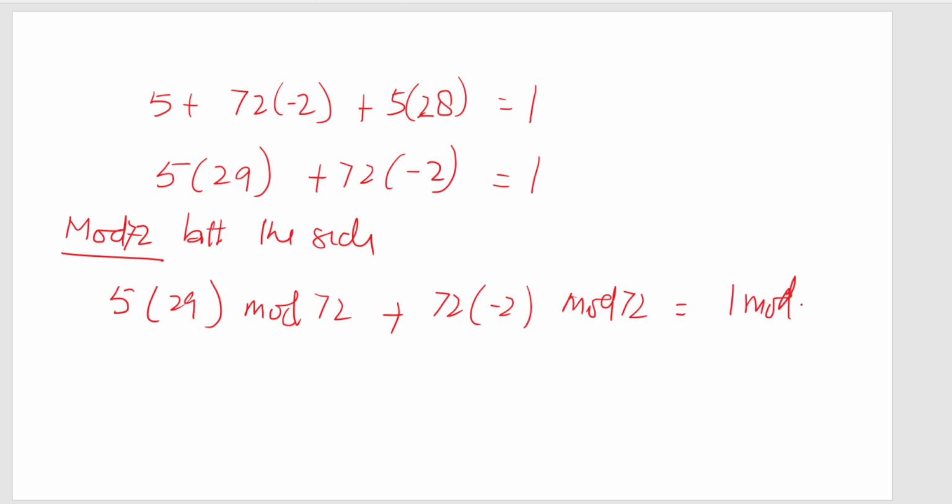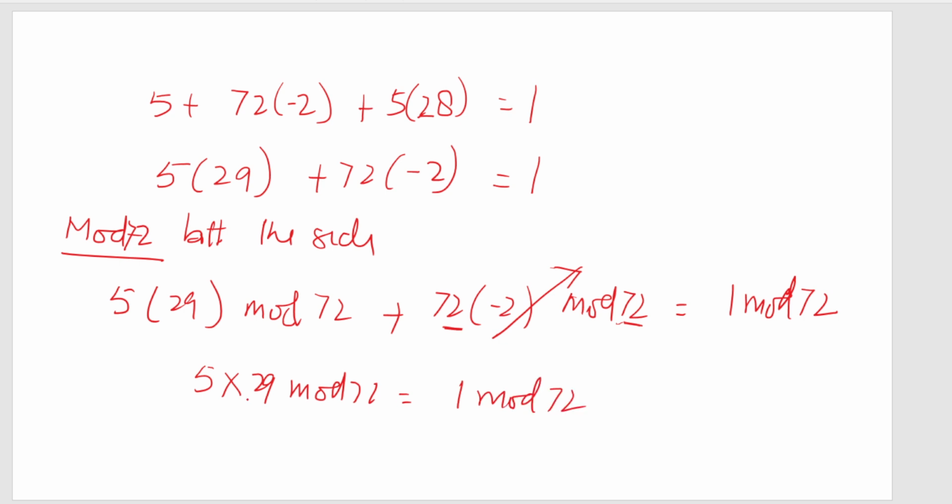Now, when you have a multiple of the modulus itself, this term turns out to be 0. So what is left with you is 5 times 29 mod 72 is equal to 1 mod 72.